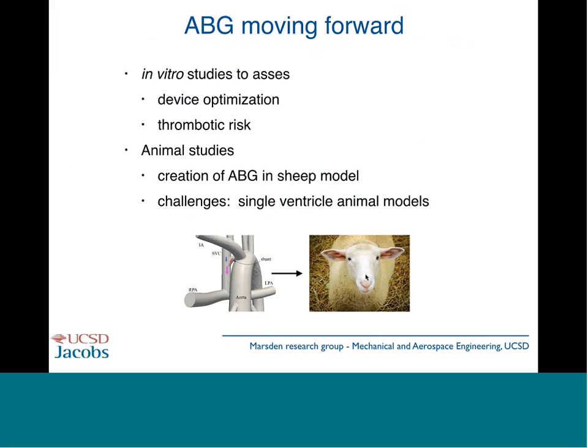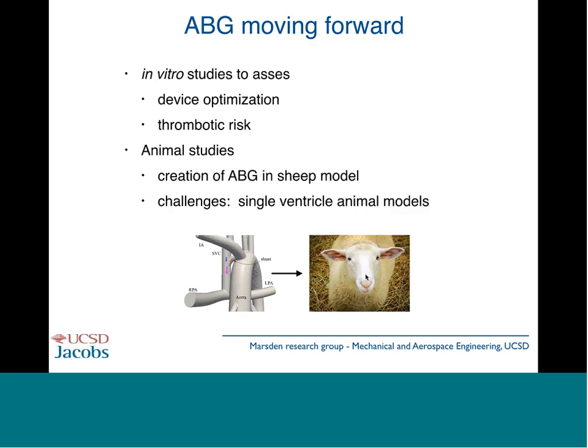So moving forward on the ABG, we are going to continue to do simulations, but we are also going to do two experimental approaches. So one is to do in vitro studies. We're working with Richard Figliola at Clemson University, who's developed mock circuits. We are looking to do additional device optimization and to assess thrombotic risk, both in vitro and in silico.